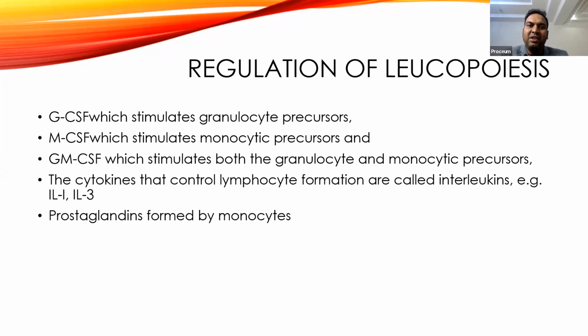But as the age increases in intrauterine life, from the fourth month to the ninth month, the amount of RBCs and WBCs synthesized by the bone marrow will keep on increasing. So the bone marrow will take over the charge from the liver and spleen as the age progresses, and at the time of delivery, hardly any leukopoiesis is going on in the liver and spleen, while complete leukopoiesis is going on in the bone marrow. So at the time of birth, the bone marrow is the major site where leukopoiesis occurs.